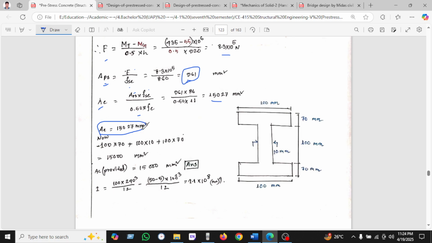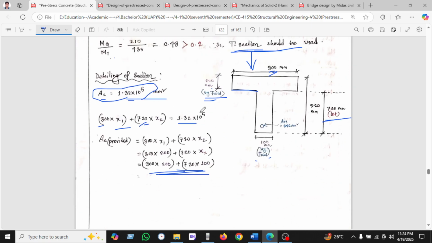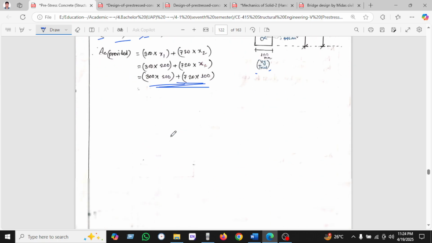Now we divide the concrete, and I will get this. So we know 100 into 70 and 100 into 10 into 10, and it will be 1500 square. This is approximately what was provided. These are approximate, but it will be taken from more and more trials, as we have seen previously. I will get this. This is the trial process.